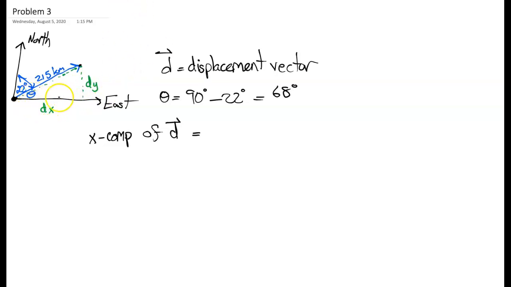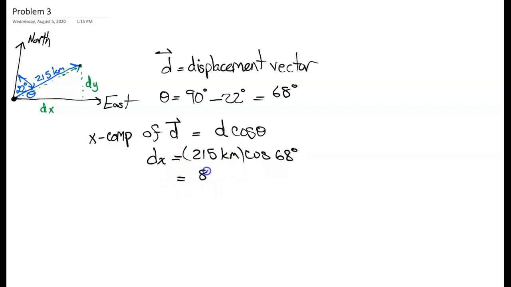And since the x component of vector d is along the adjacent side of the angle, then we can say that the x component of vector d is the magnitude of vector d times the cosine of the angle theta. So we can say that dx is 215 kilometers times cosine of 68 degrees.